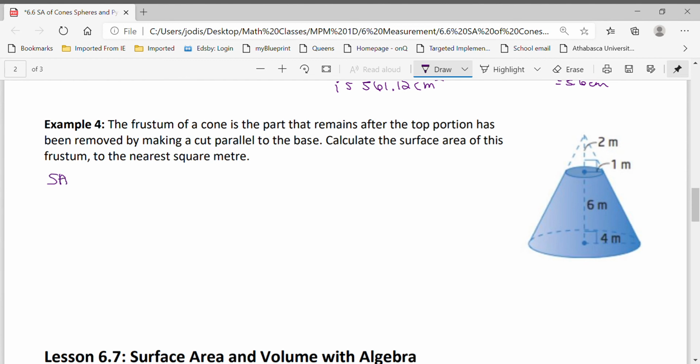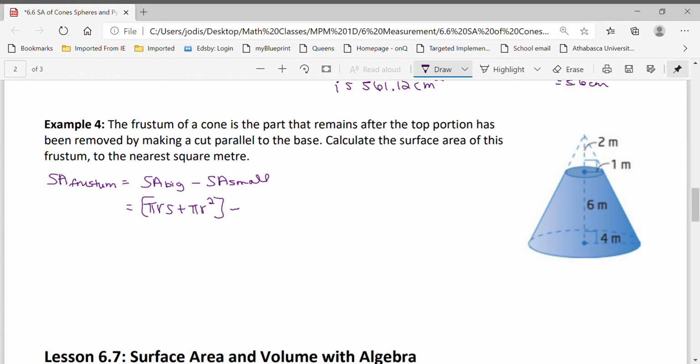So the surface area of the frustum is going to be the surface area of the big cone minus the surface area of the small cone. Okay, so for the big cone, we have pi r s plus pi r squared, right?